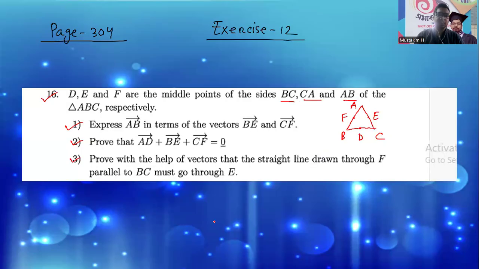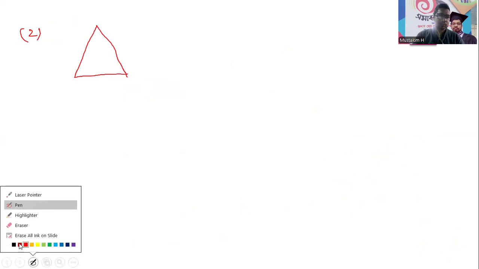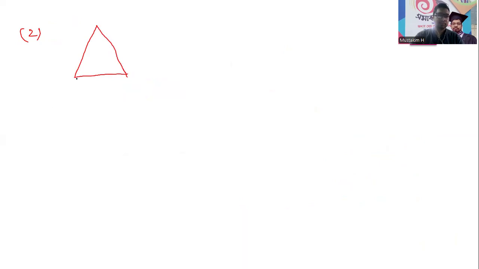Prove that AD vector plus BE vector plus CF vector equal to 0. So similarly, we will draw that triangle again. A, B, C. To draw the figure using scale and pencil.